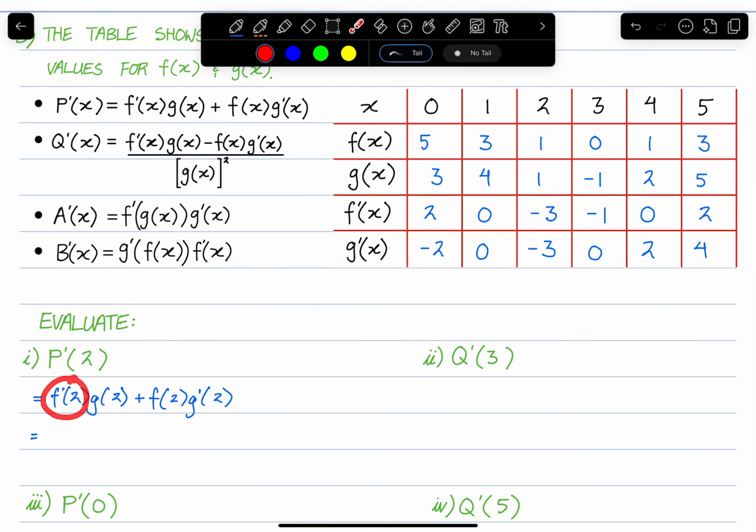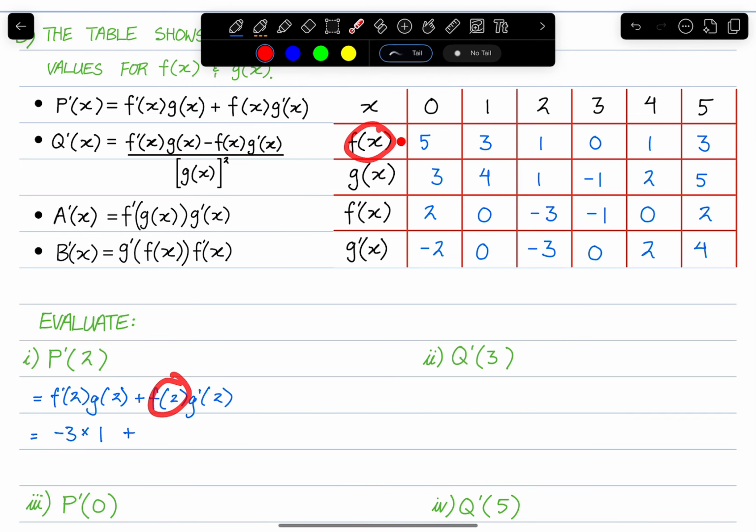So f prime of 2, that's equal to -3, times g of 2, so g of 2, that's times 1. Take the plus in the middle.